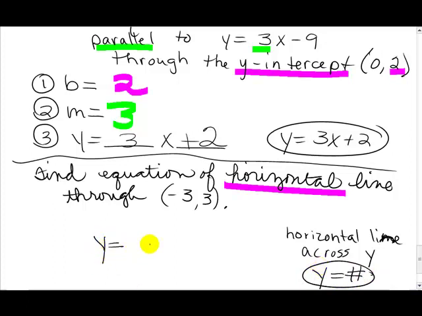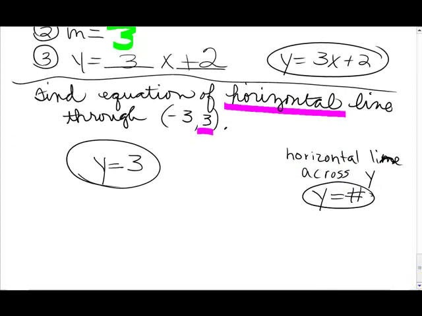Y equals, and what's in the y place? 3. So y equals 3 is the equation of the horizontal line because it goes across the y. Remember, the vertical goes across the x.